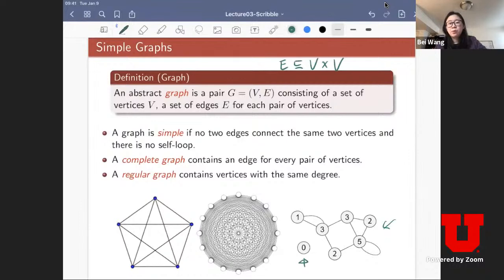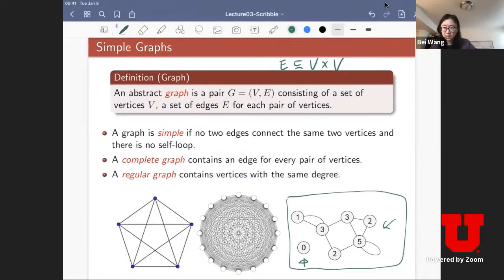All right, so of course, there is a definition of what's called a simple graph. A simple graph is one where no 2 edges connect the same 2 vertices and there's no self loop. So for example, this example on the right-hand side is not a simple graph because it has a self loop, which is right here.